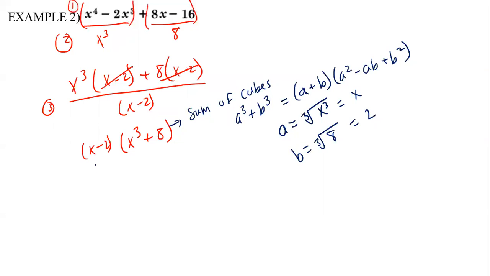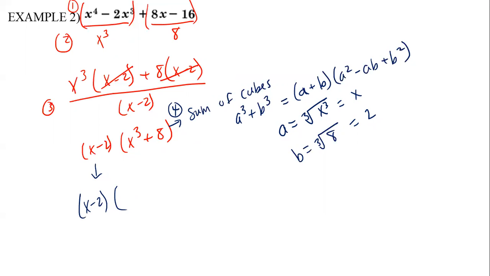All right, so we have x minus 2. This is where step 4 comes in, using additional techniques. So x minus 2 is good to go. And here we have x cubed plus 8, which is going to be factored using sum of cubes. Where a and b are, I'm plugging in x and 2.